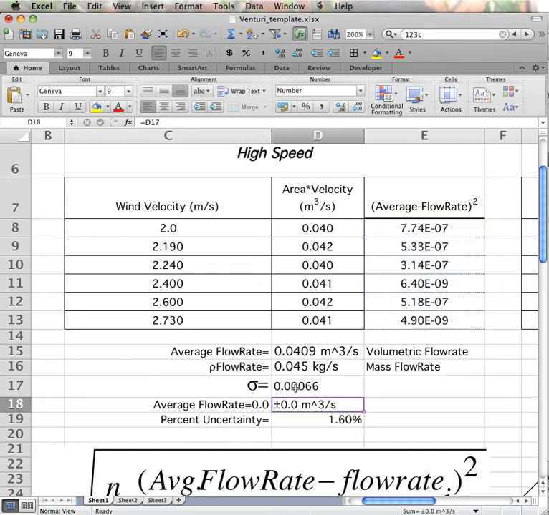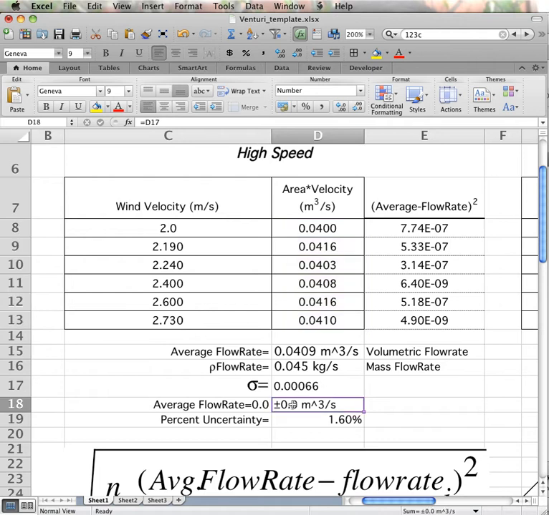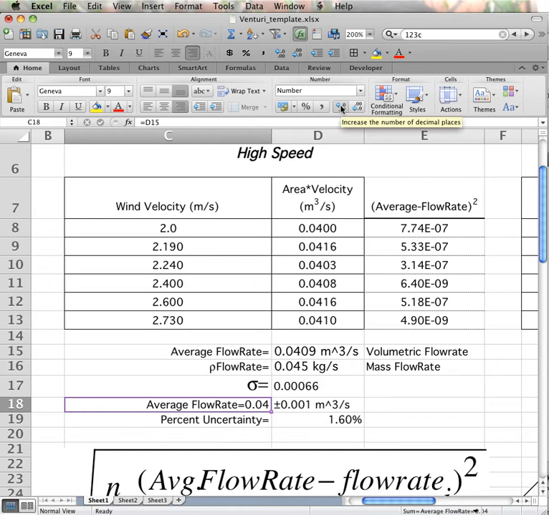So you can see that 2/3 of the data fall really, really close to these values. We can increase this decimal here to see a little bit more. And so here I want to increase the decimal until I can actually see a value. And here, looks like I had the wrong number of decimal places.